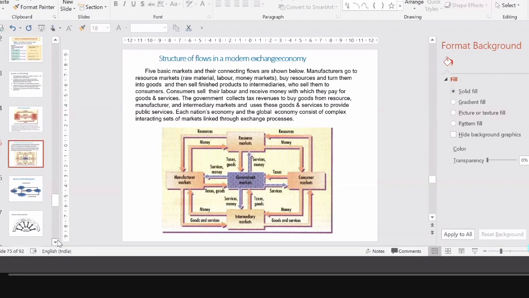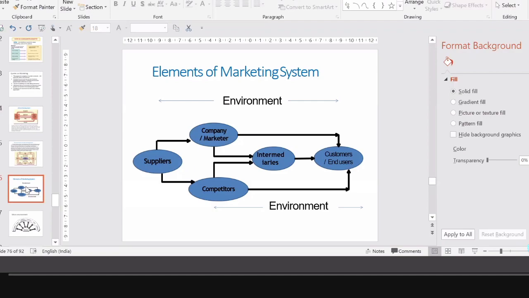Coming to the next system, the marketing system, we have the company at the top, which is our marketer, and which also has competitors in the market. Both the company as well as its competitors offer their products and services either directly to the end user or consumer, or through intermediaries.